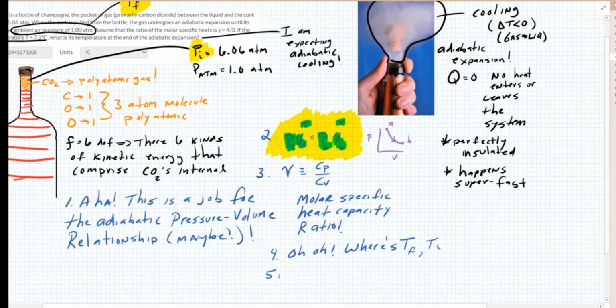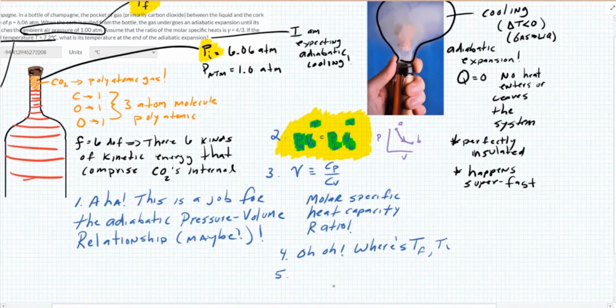This is the adiabatic volume temperature introduction. And we're going to need both of these, it turns out. Adiabatic volume temperature relationship.